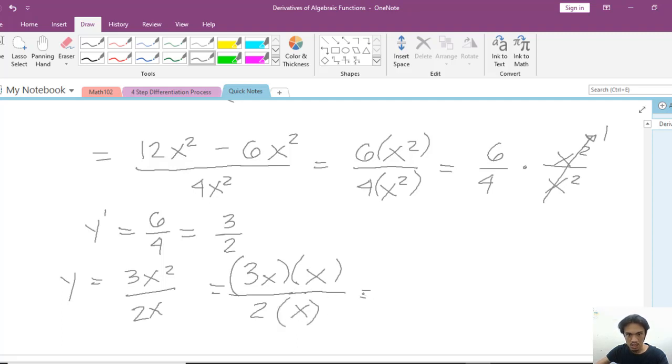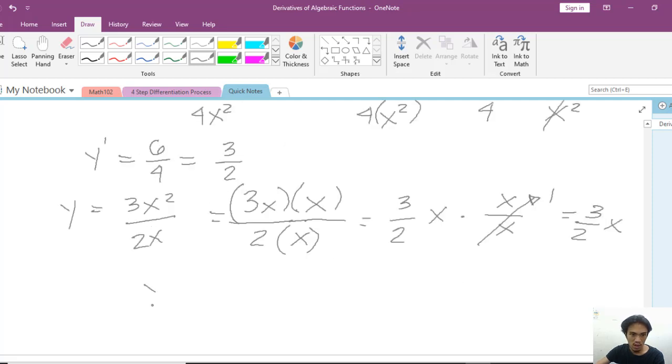So we can write this as 3 over 2 times x multiplied by x over x. And again, this will cancel to 1, leaving you with 3 over 2 x.